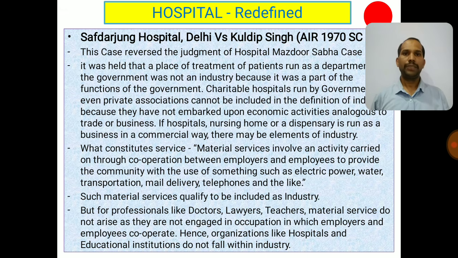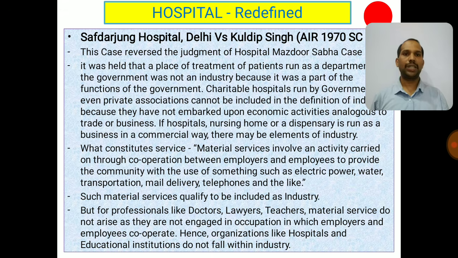That was the content. Now such material services qualify to be included as services industry, which are electric power, water, all those. But for professions like doctors, lawyers, teachers, material service does not arise, as they are not engaged in an occupation in which employers and employees cooperate. They are saying for doctors, lawyers, teachers and any other profession, it is not an industry.